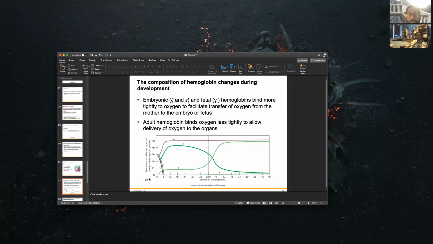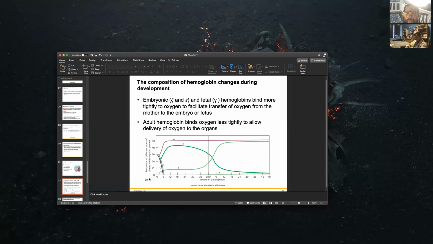How else would a baby, a fetus, get oxygen, right? They don't have their own lungs, right? Yeah. And so it basically means that their hemoglobin has a stronger binding affinity for oxygen than adult hemoglobin does.